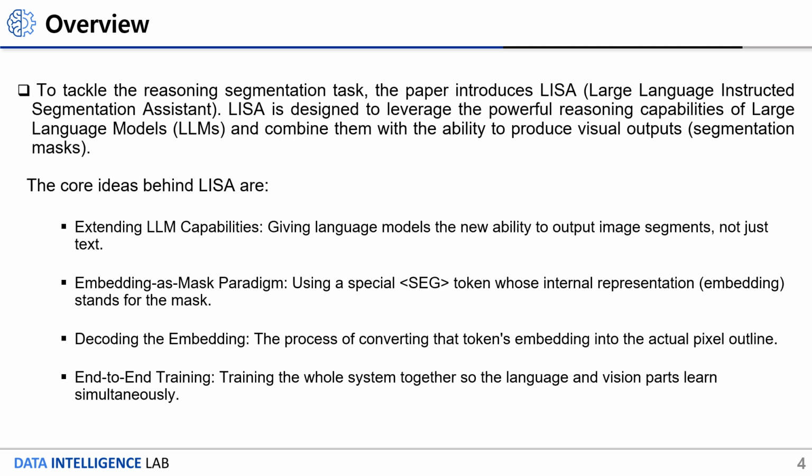Decoding the embedding, the process of converting the token's embedding into the actual pixel outline. And last but not least, end-to-end training, training the whole system together so the language and vision parts learn simultaneously.